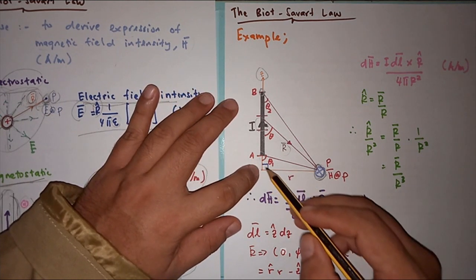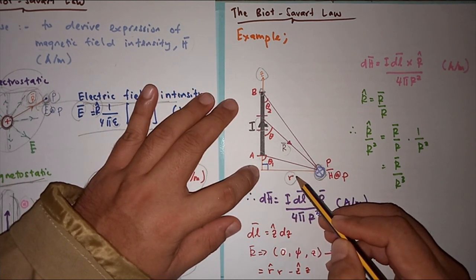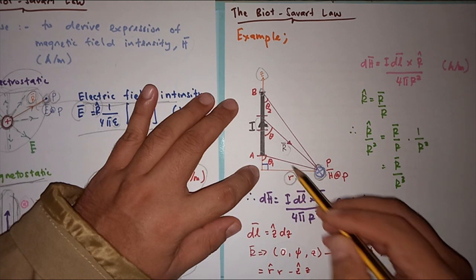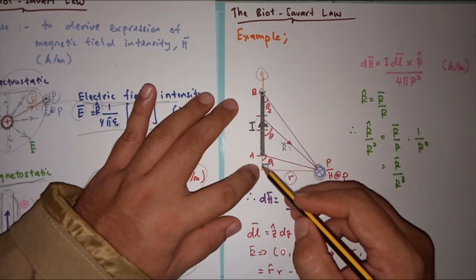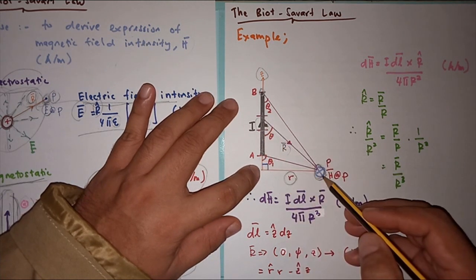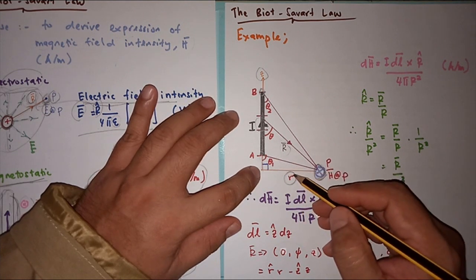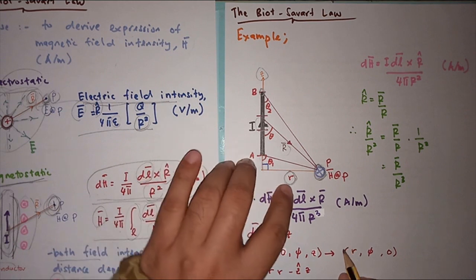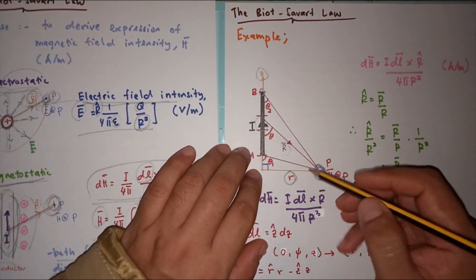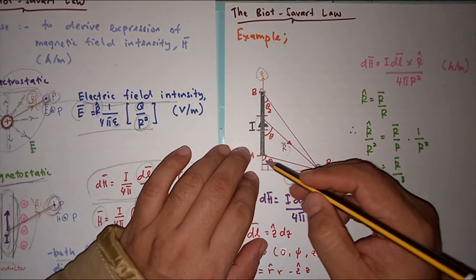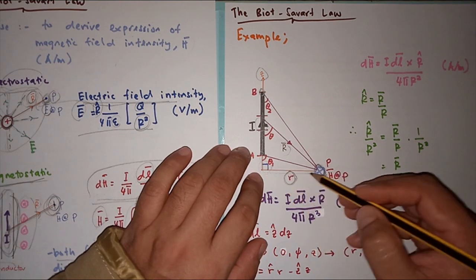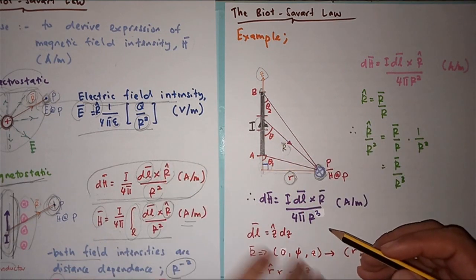We have the radius here, the value of r that represents the radius between the center of this conductor and our test point, and we make this r at an angle of 90 degrees to the z-axis.